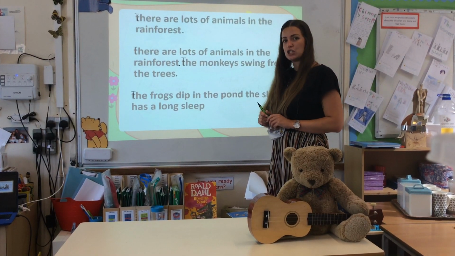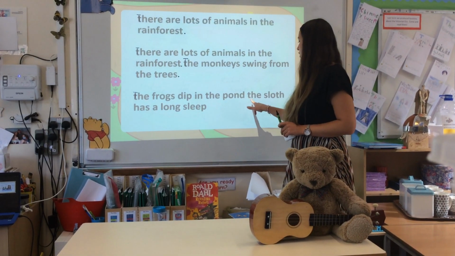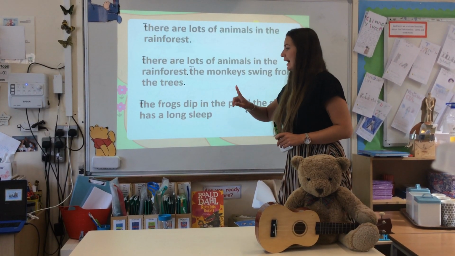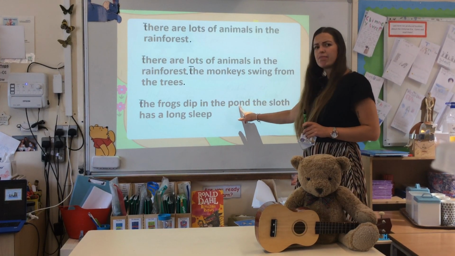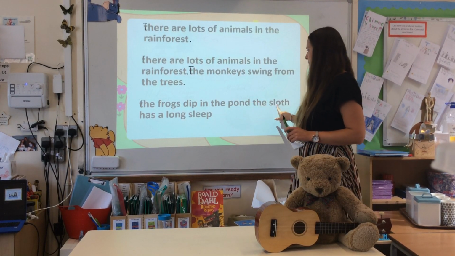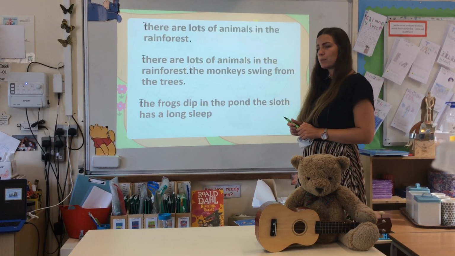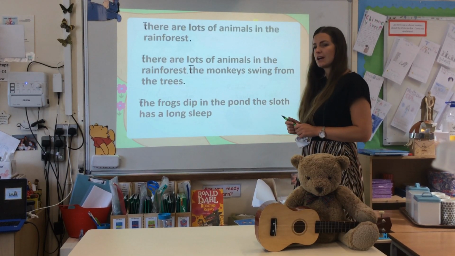I'm going to read it first, just to check. The frogs dip in the pond. The sloth has a long sleep. Now, the first part is about the frogs dipping in the pond, but then the subject changed and it talks then about the sloth having a sleep. So I wonder if you can guess where my full stop is going to go to tell me this is one sentence and where the other sentence starts.